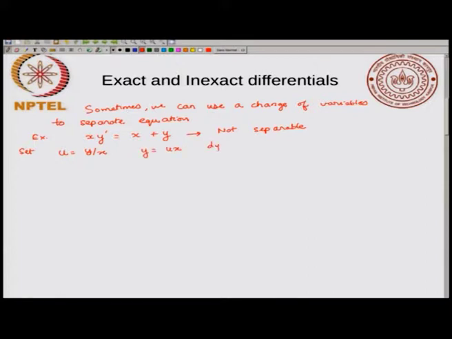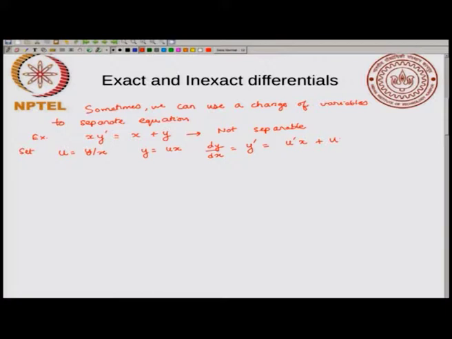Suppose you set u equal to y by x. Then you can immediately write y equal to ux, and you can write dy by dx, which is also denoted by y prime, as u prime x plus u. So, how does this help you?